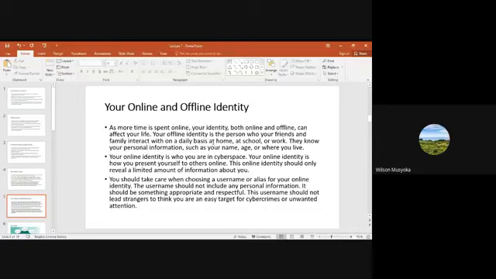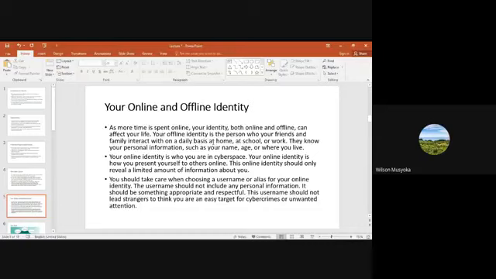But your online identity is who you are in the cyberspace. And your online identity is how you present yourself to others. That is why we say this life you see on social media is not real, because there is that projected image which you want to show to others in the cyberspace, which is totally different from who you are offline.